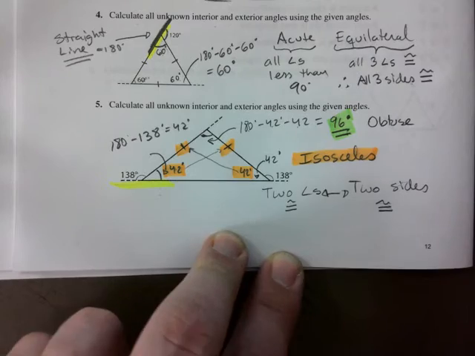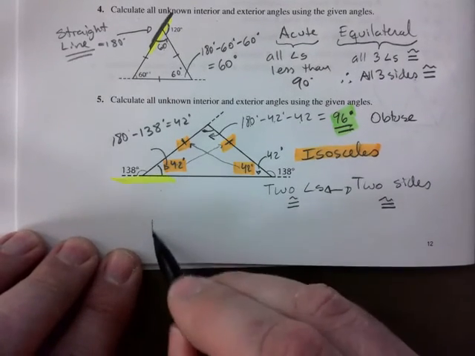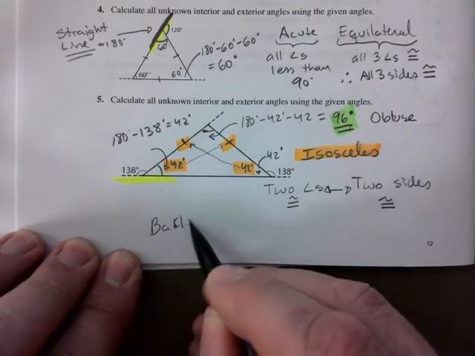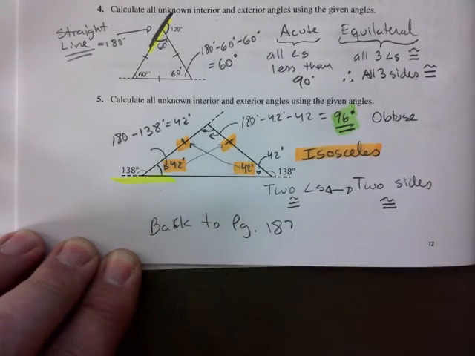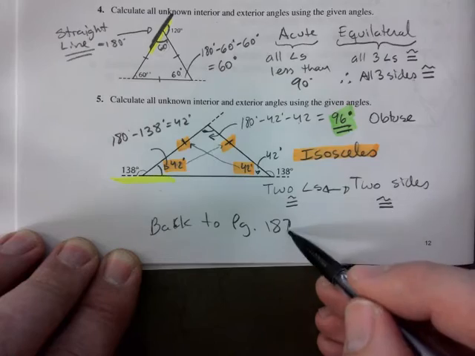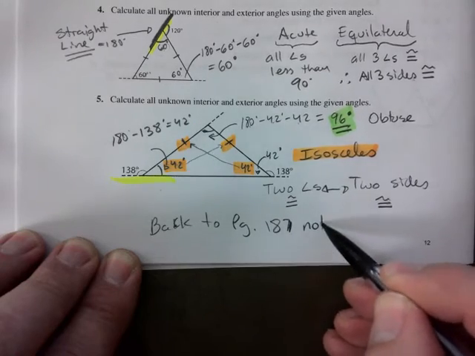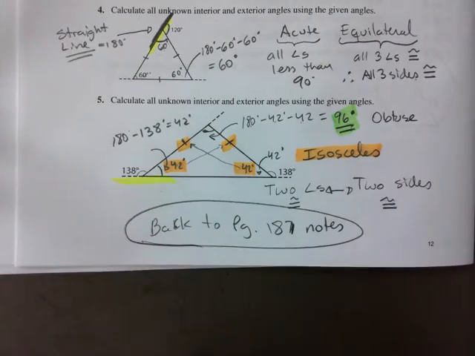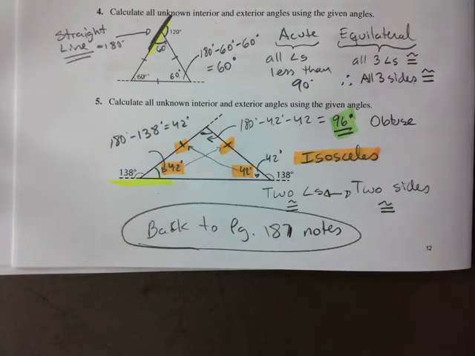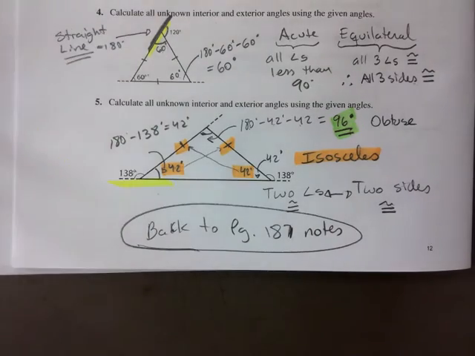So that tells you, it actually goes both ways. Okay. Now we're going to go back to page 187. Write this down at the bottom of it. 187 of the notes. I just wanted a little bit of a review before I go back to our book. So there we go to 187.